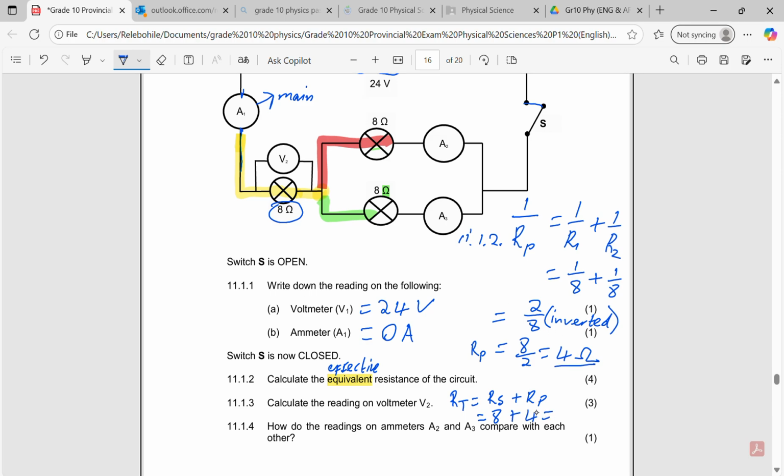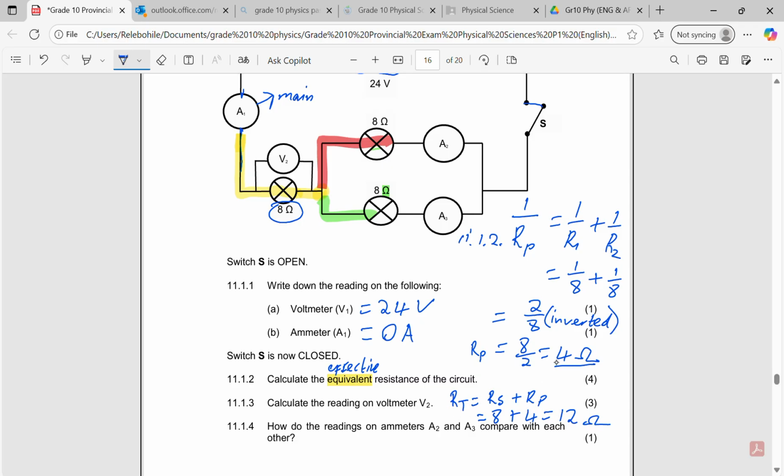And if I add these two together, 8 plus 4, I get what? 12 ohms. Okay, so that's how you solve this problem, guys. You can start by finding the resistance in parallel. Once you find it, remember you invert that value, then you add the resistance in parallel plus the resistance in series to get your total resistance.